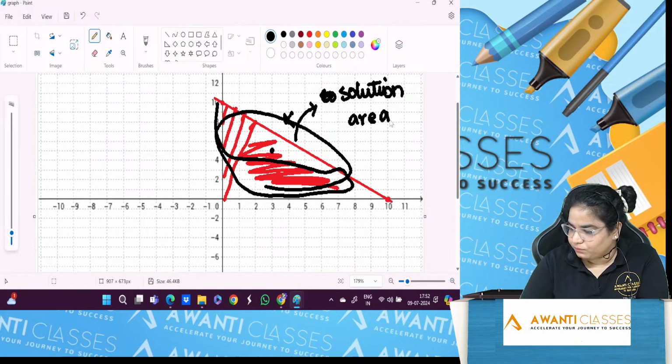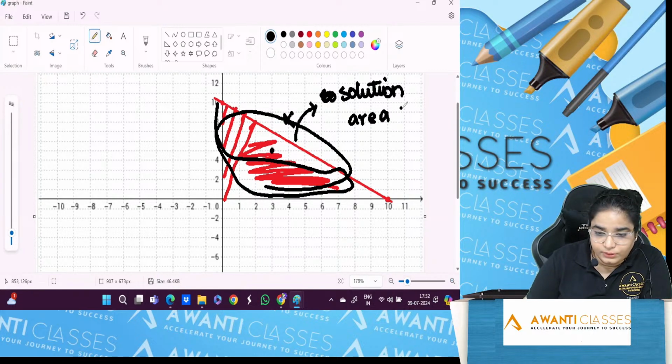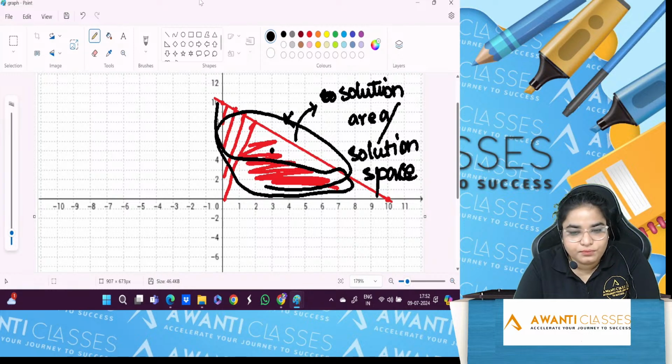Any question? Solution area or solution space. Okay. Awesome.